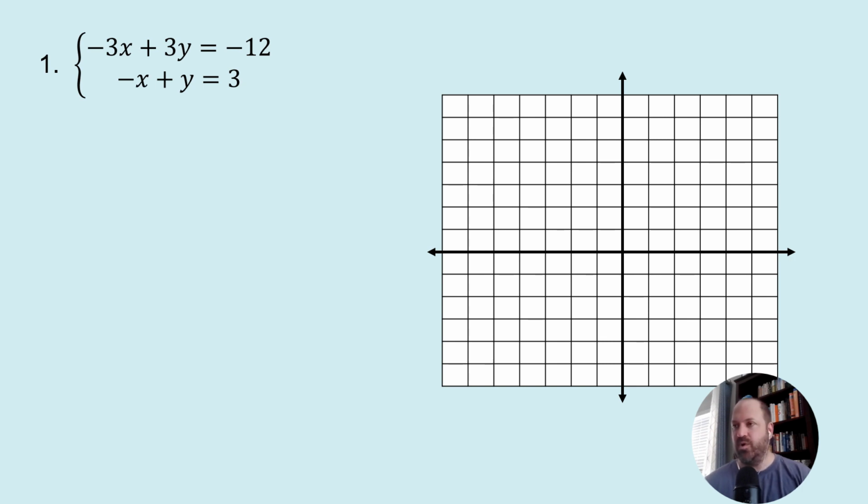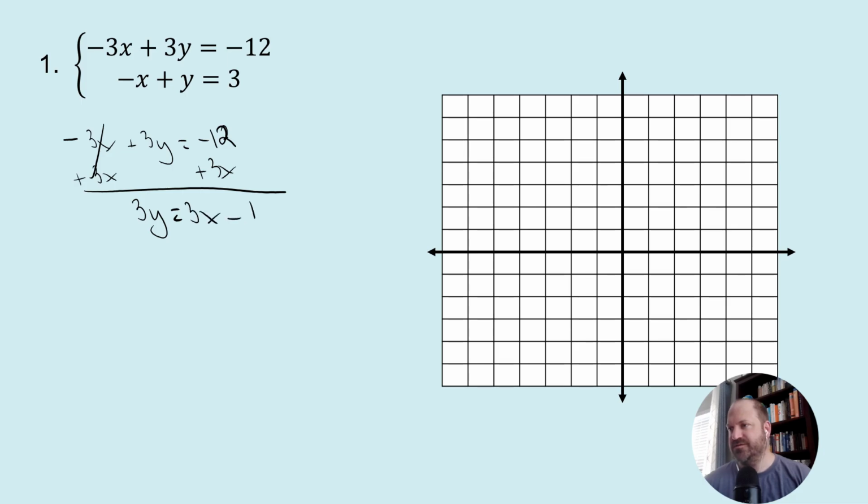So let's start with number one. I'm going to start by just writing these systems in slope-intercept form. So let's get y by itself. I'm going to add 3x. 3y equals 3x minus 12. Divide by 3, 3, and 3.